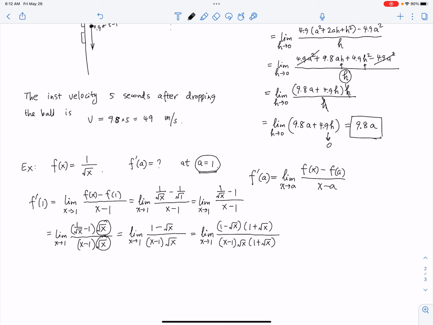All right, you multiply by the same thing at the top and also the bottom. So you still have this equation. Now, the numerator, you can see that the product of these two gives you 1 minus x. And on the bottom, you have x minus 1, root x, 1 plus root x.